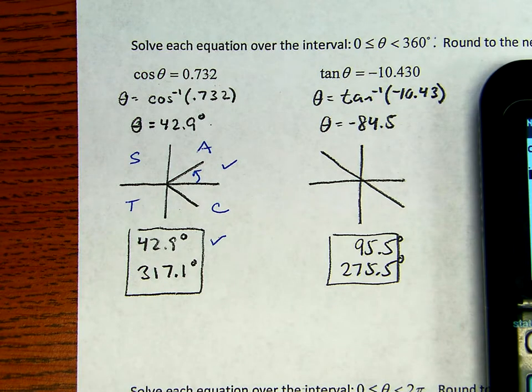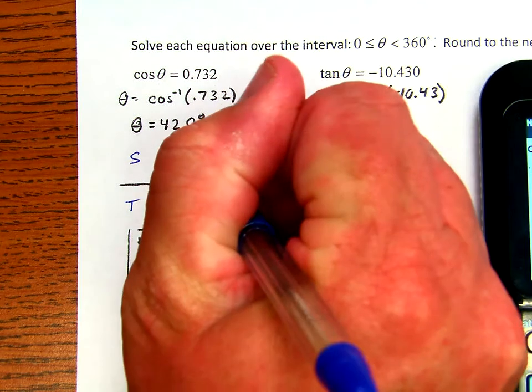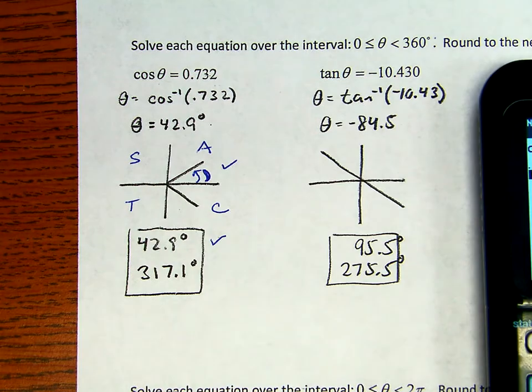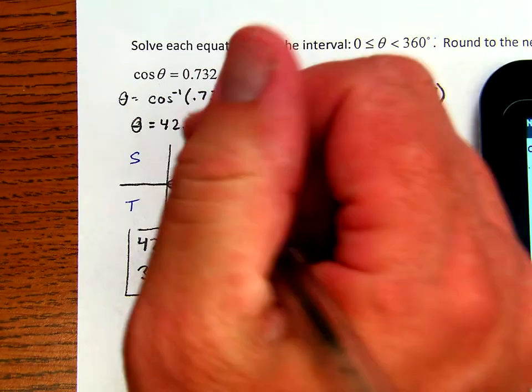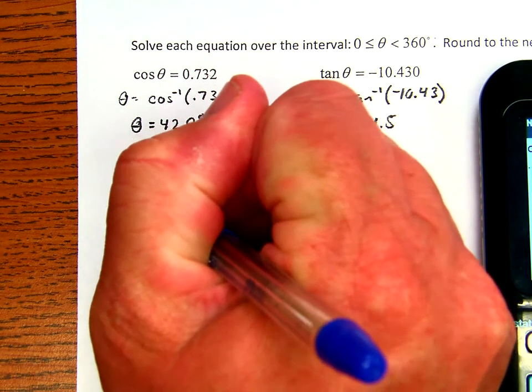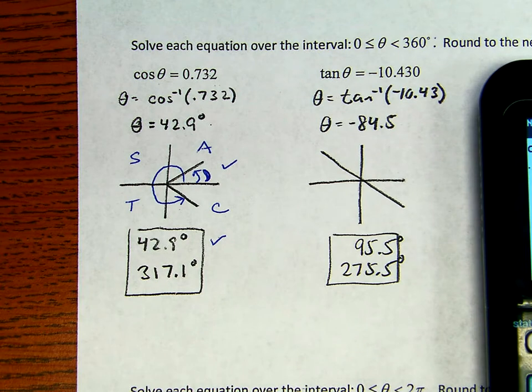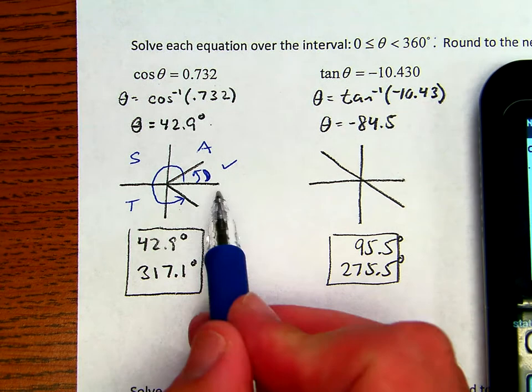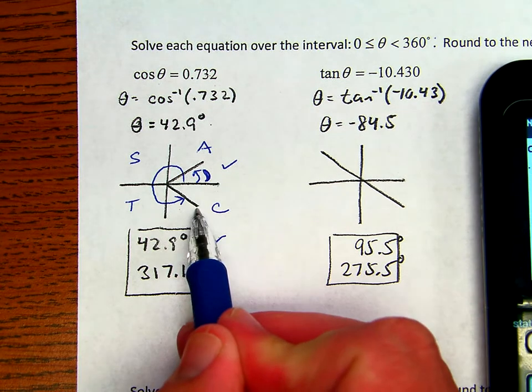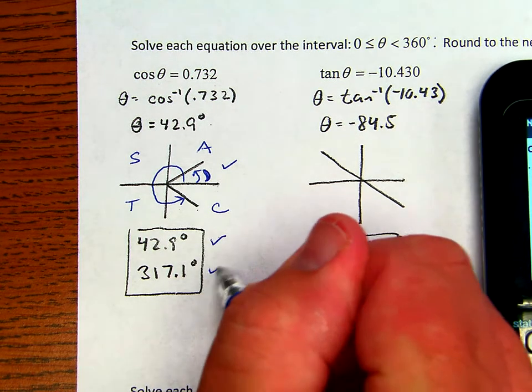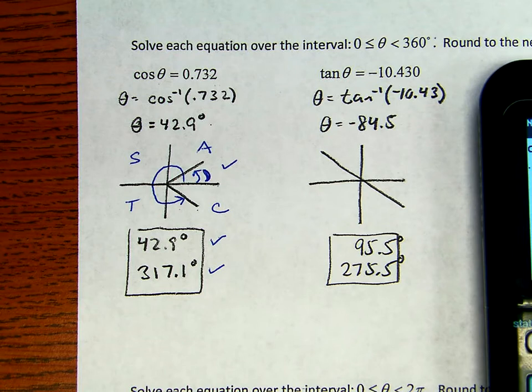We know that we also need a fourth quadrant solution. So we're going to find that reference angle. In the first quadrant, you are your own reference angle. It's 42.9 degrees. And then we need the solution coming around in this direction that has the same 42.9 degree reference angle. So we do 360 minus that 42.9 and get our second solution of 317.1.